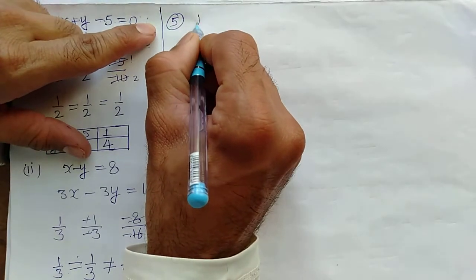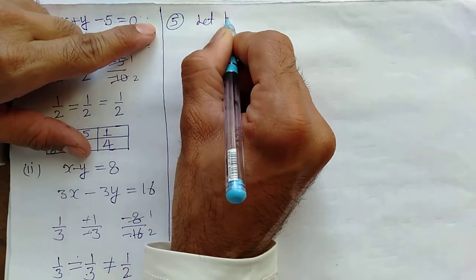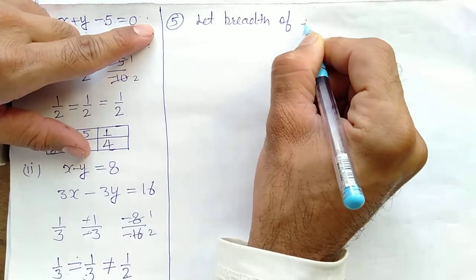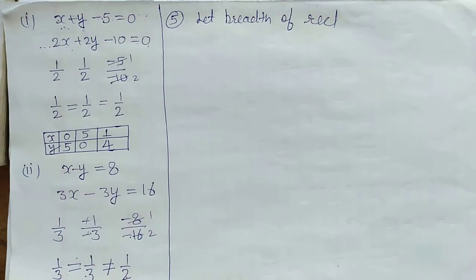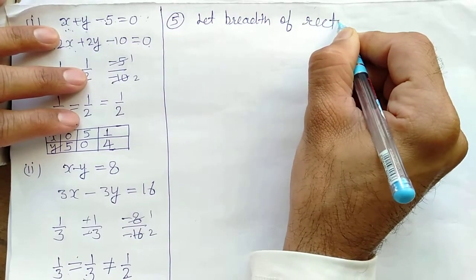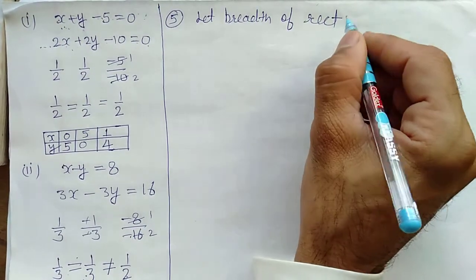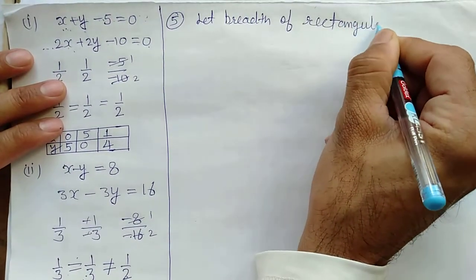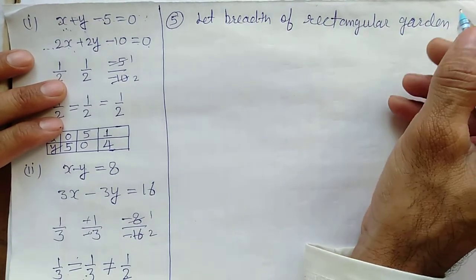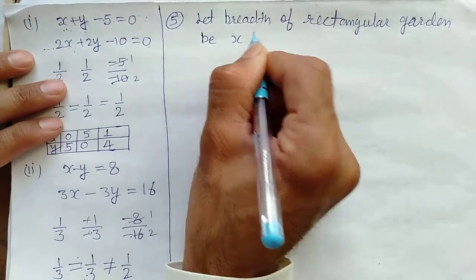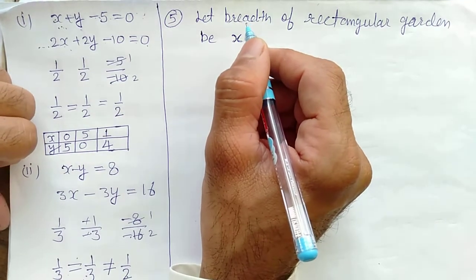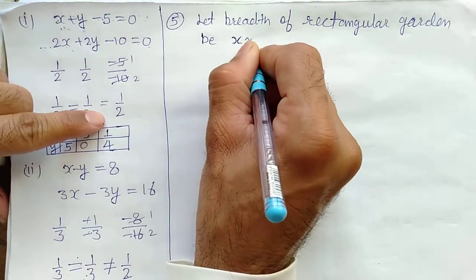Let the breadth of the rectangular garden be x meter, whatever we are taking x meter.